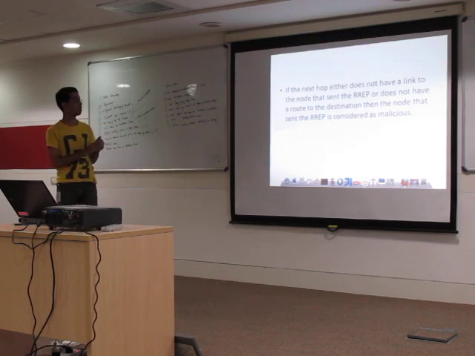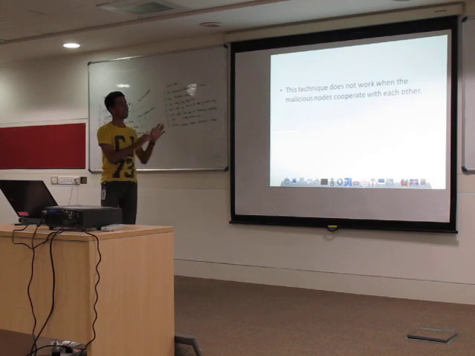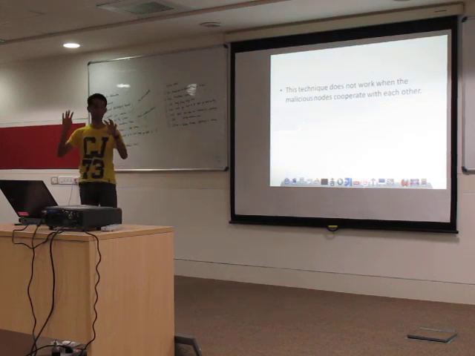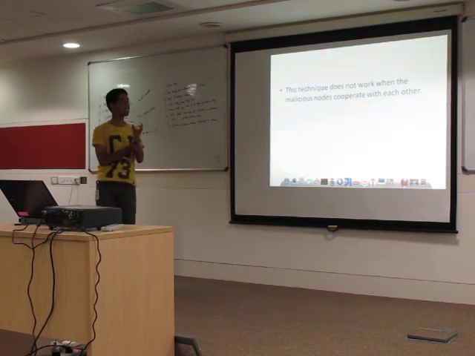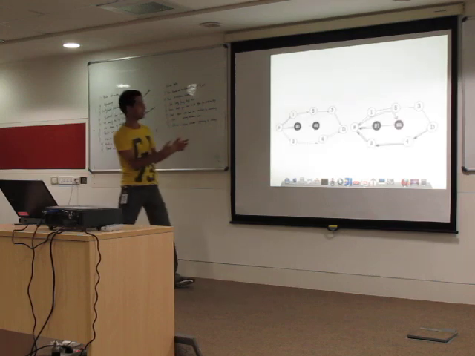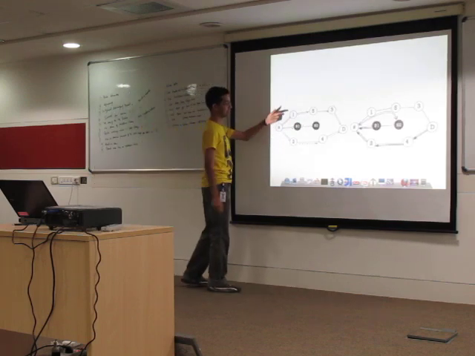But this technique apparently had a problem. It's when there are more than one node cooperating with each other. Let's say there are two black hole nodes cooperating, and the second guy is basically trying to help the first guy, making the network believe that it is indeed a true node. He's like the helper node.